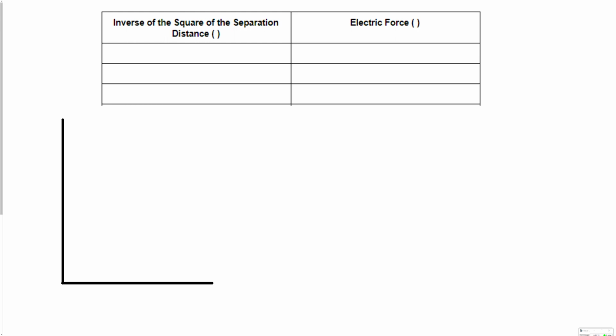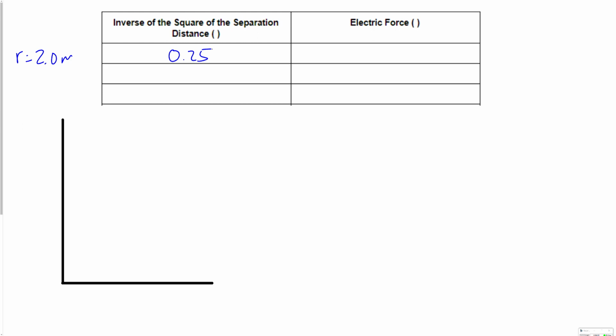So if I had a value of R of 2.0 meters, my value of 1 over R squared would be 1 over 2 squared, or 0.25. That make sense? And you're going to do that with all of them. The forces aren't going to change, right? The force is still the same as it was in the last table. So you can literally just copy and paste that second column into this graph here.